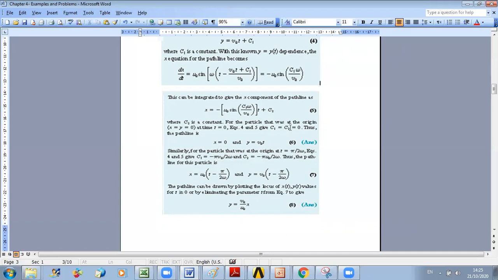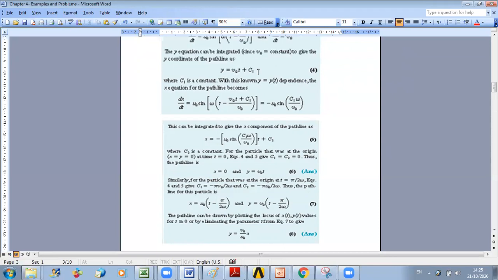And c2 is equal to 0. If you replace in the equation of y, y is v0t plus c1. So if we replace c1 by 0, we get that y is equal to v0t, because c1 is equal to 0. So what we deduce here is that x is equal to 0 and y is equal to v0t.